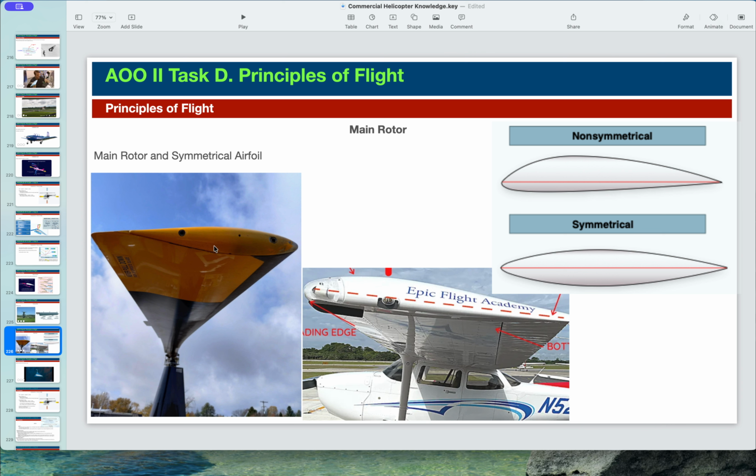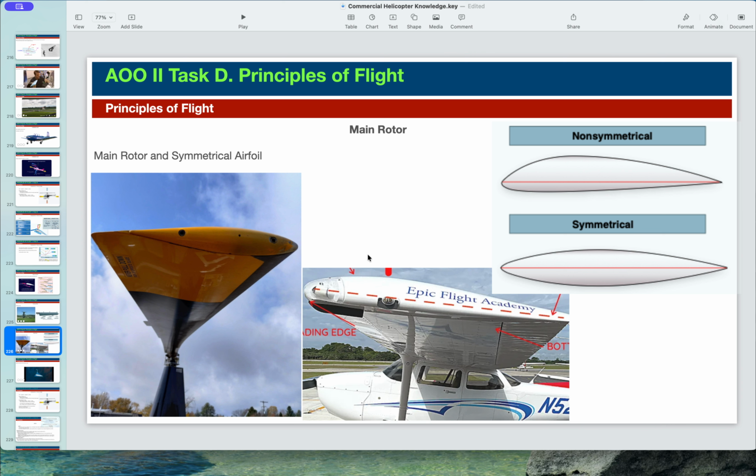The symmetrical airfoil that we have on the Robinsons, when it is at a zero angle of attack, there is no lift being generated.